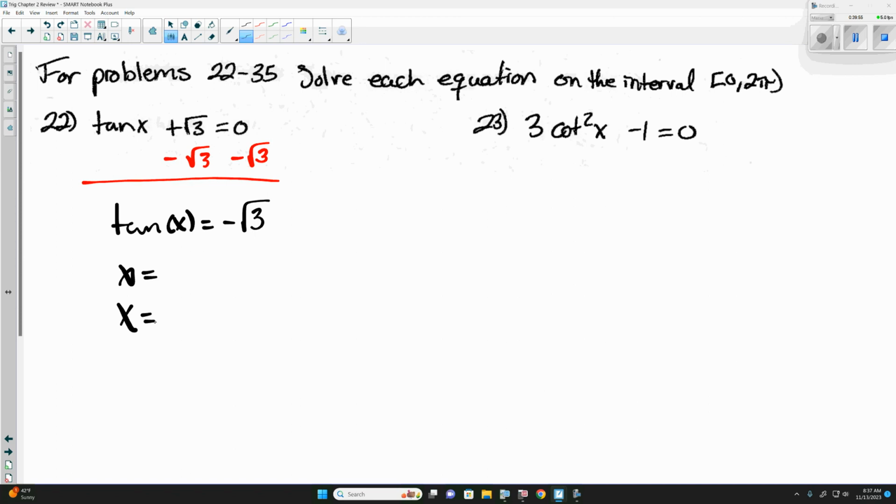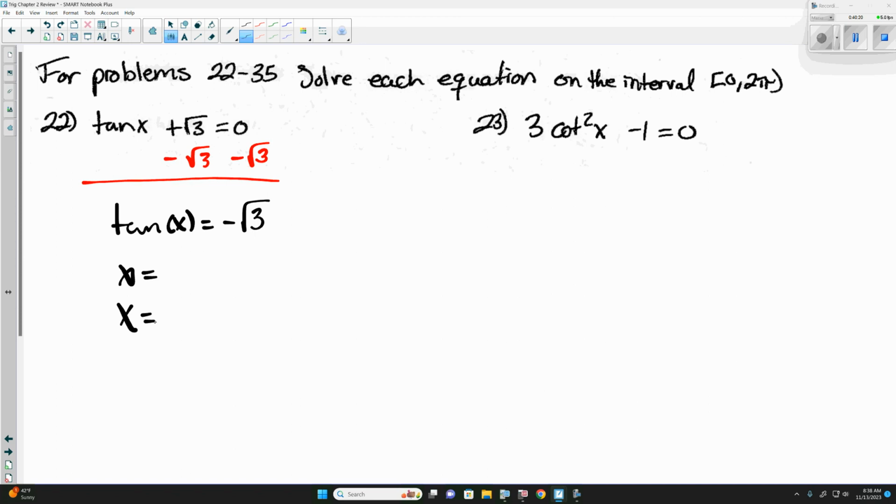Now between 0 and 2 pi, there's only 2 locations where tangent can have this value. They're in the second and third quadrants. Now, if we wanted to, we can look at the unit circle. And for this to work, we're looking at 60 degrees.